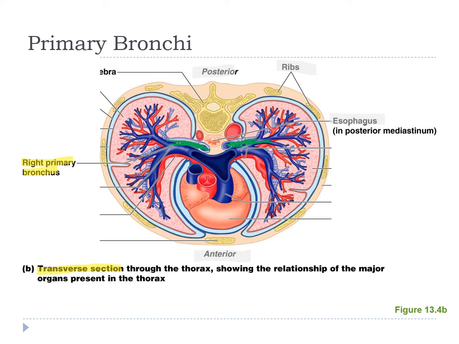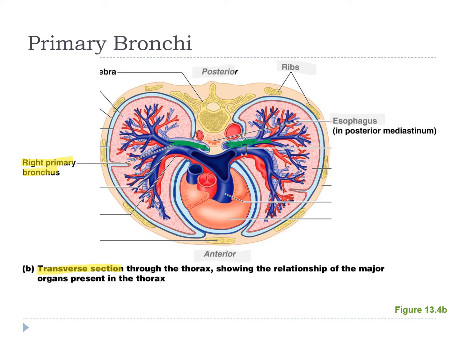Okay, so we've sliced a transverse plane through the body, through the thoracic cavity, and now we're looking at it from the top. And we see this one main branch is where the primary bronchus starts and stops.